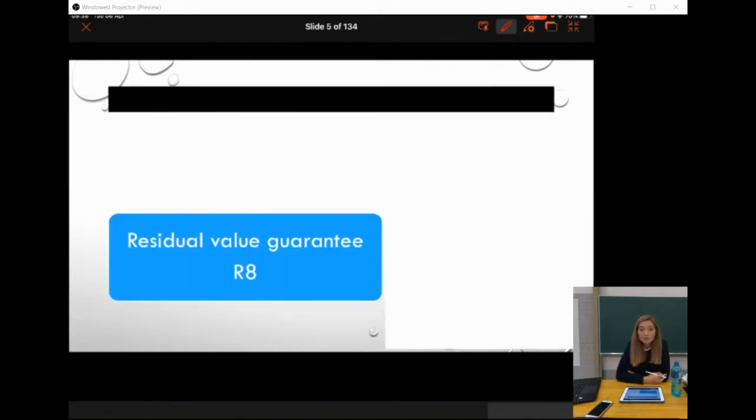Okay, so if we look at a residual value guarantee, let's assume that our residual value guarantee is R8. That means that I, as the lessee, am giving a guarantee to the lessor that at the end of the lease term, when I give him his asset back, he is going to get at least R8 back from me. So I'm saying at a minimum, I will give you R8.